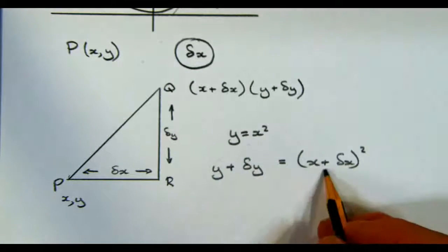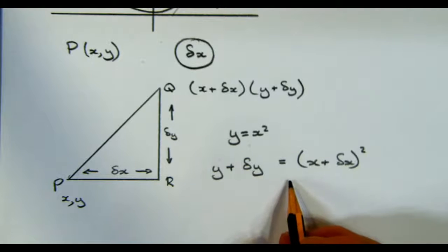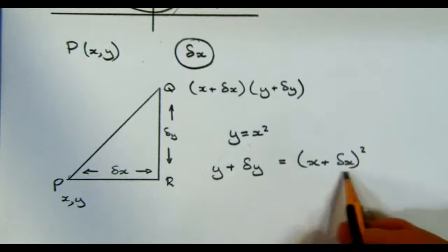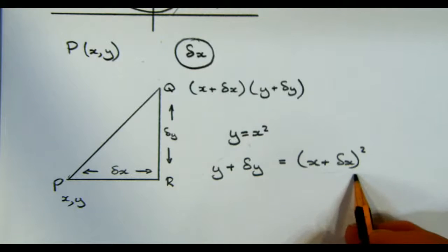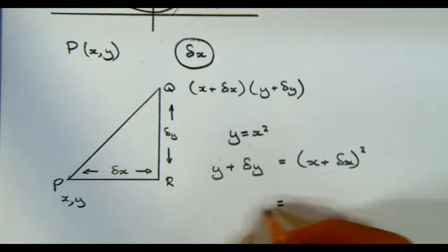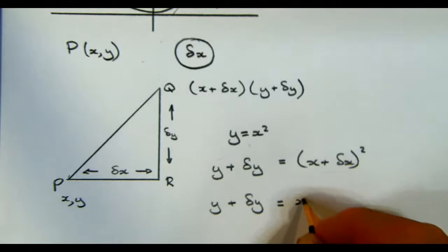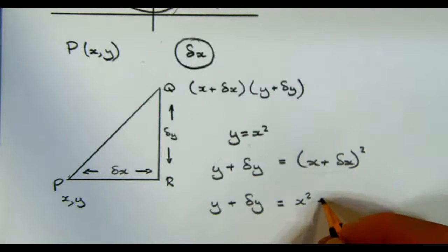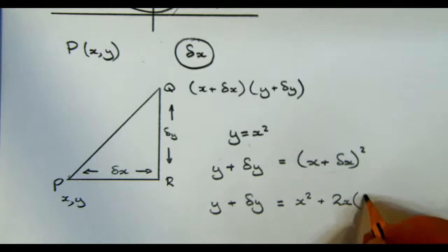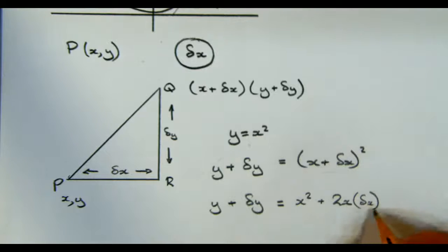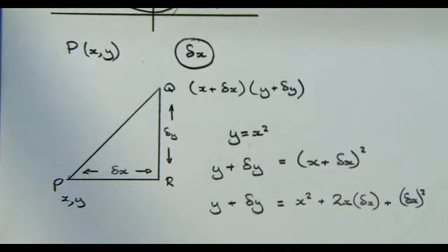I've just written this equation out again, and let's now see if we can multiply this out. So y plus delta y is going to give me x squared plus 2x times delta x, in brackets just to show that this is a term that goes together, plus delta x all squared.